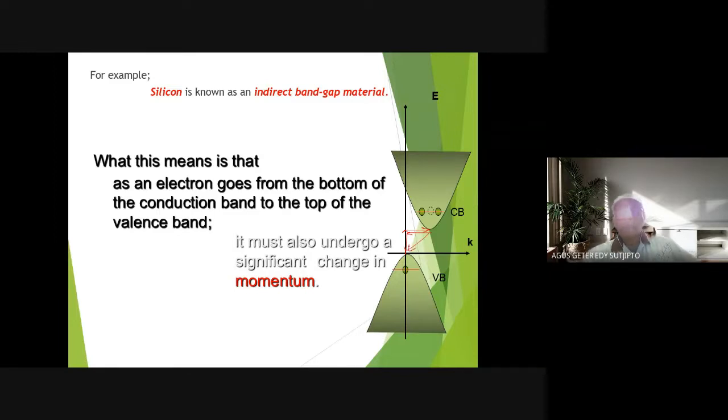This is not the same, but if we have gallium arsenide, they have the same vector of the momentum. So this will be direct, to the valence band.